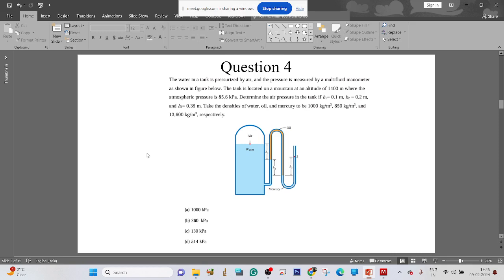So the pressure at point 2 is given. Okay, so if I consider this is the enclosed space, oh, pardon my drawing.